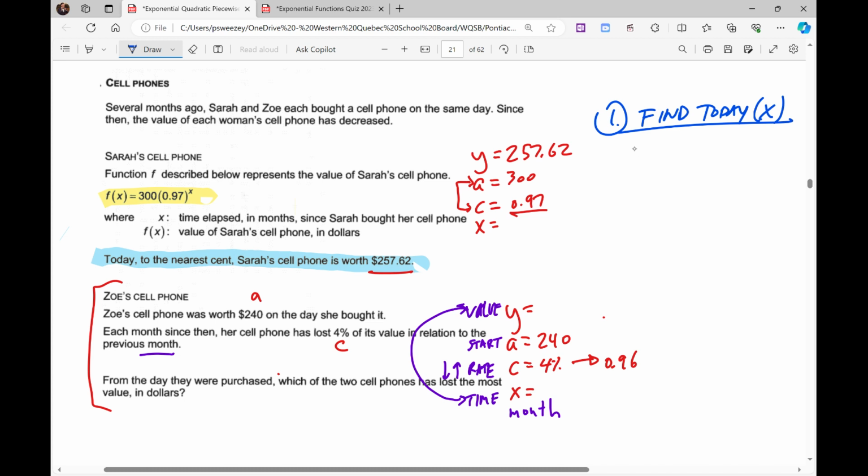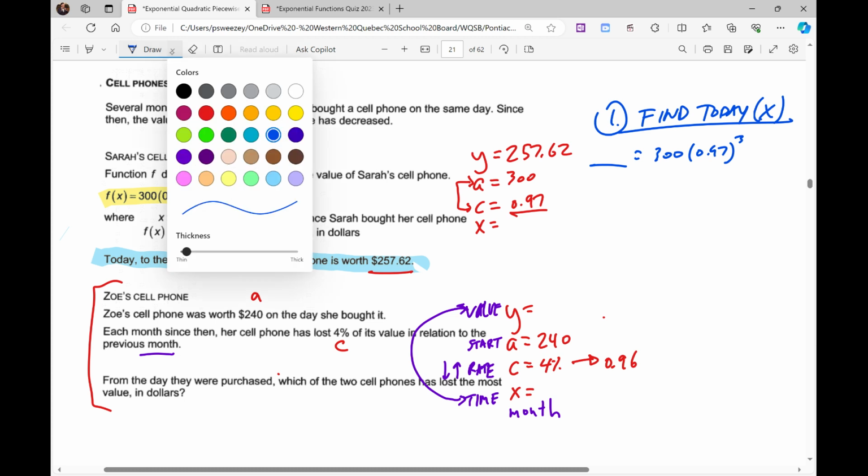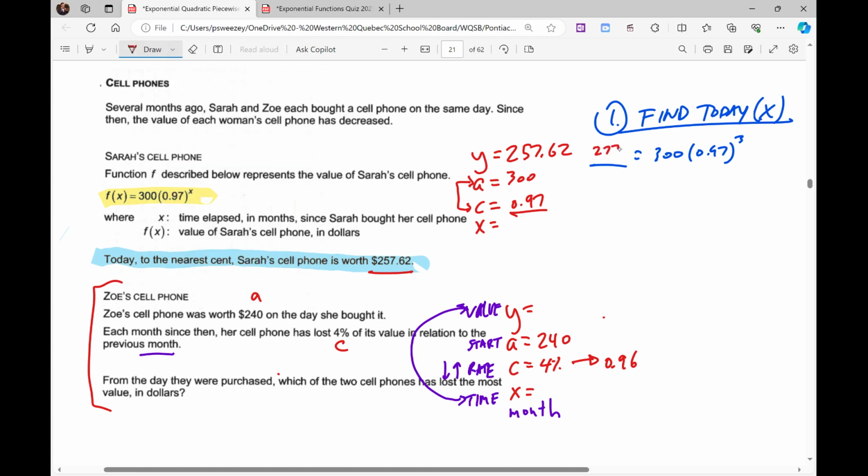This is one where I think the majority of people are more inclined to do trial and error. Am I correct? So we're going to try blank is equal to 300 times 0.97 to the power of what? Let's go 3 to start out. I know we already have the answer, but I just want to show specifically how this trial and error works. When I calculate that, I end up getting 273 something.